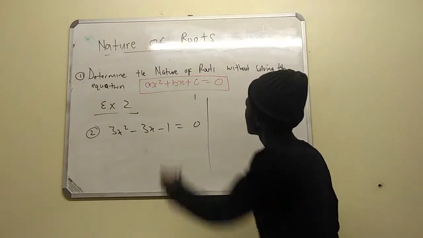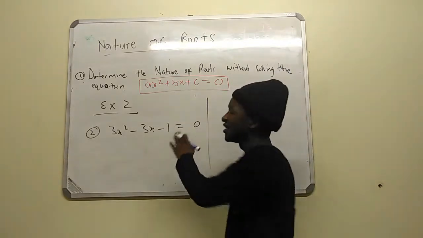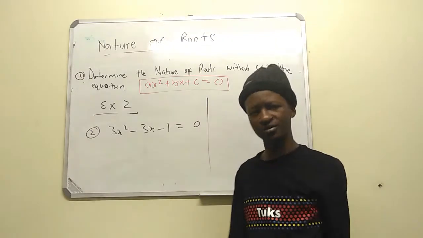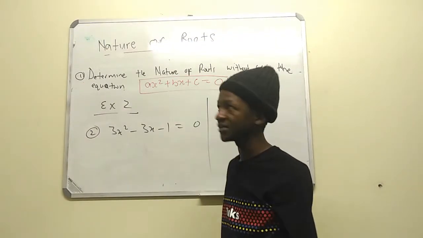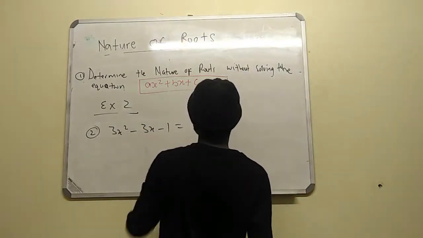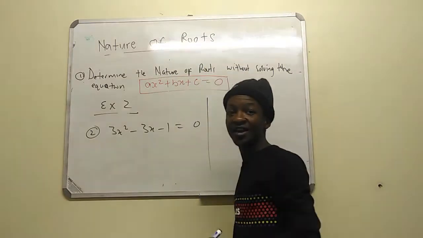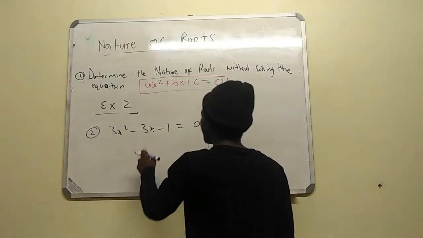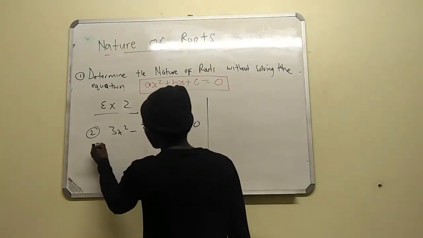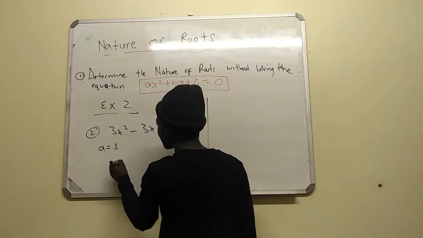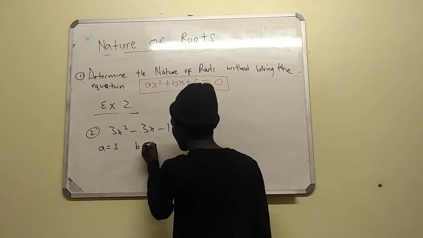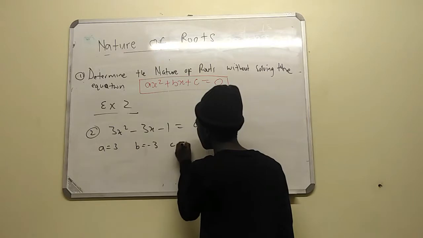Is it in the form of ax squared plus bx plus c? Yes, it is. So we find the value of a, which is 3. The value of b is minus 3, and the value of c is minus 1.